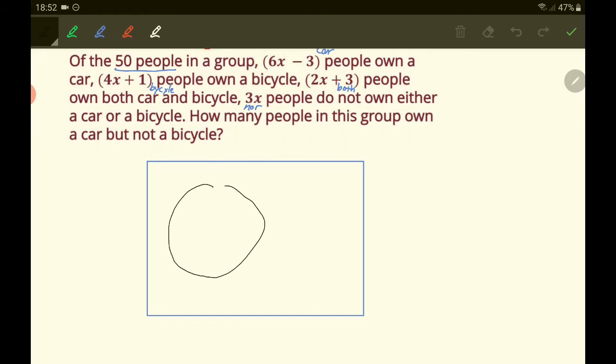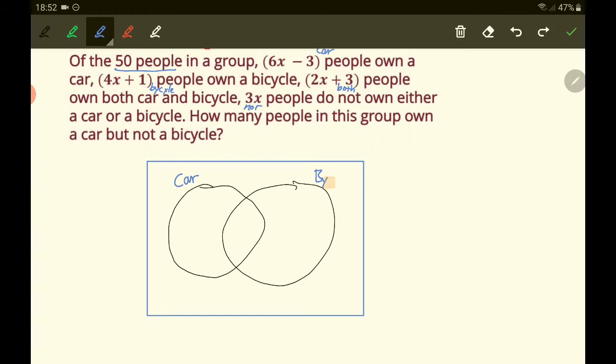Okay, so I have 2 circles, and the first circle is representing the car, and then this is for bicycle.